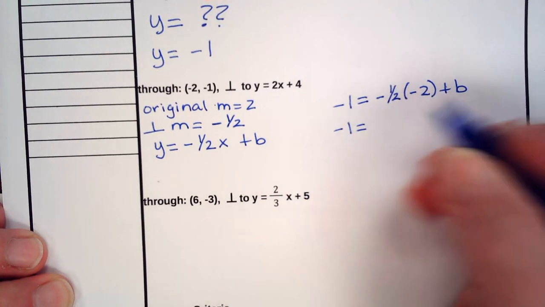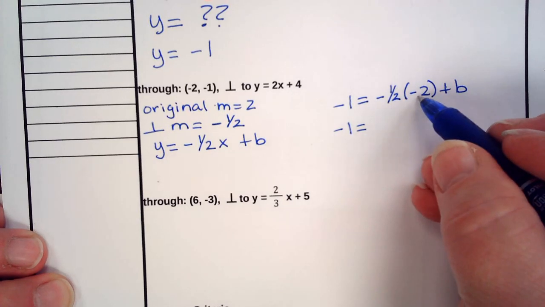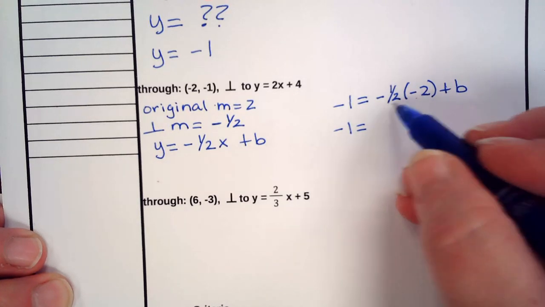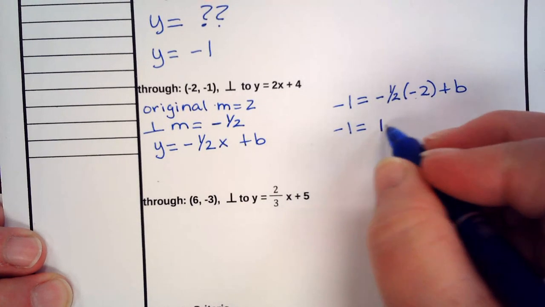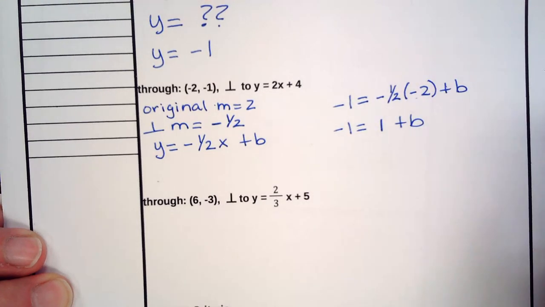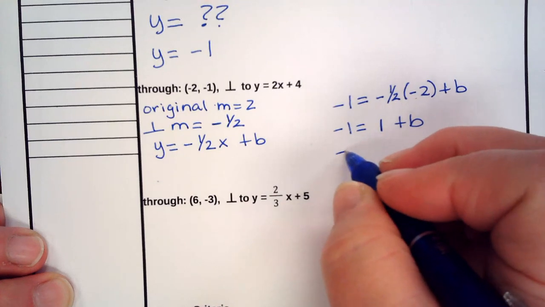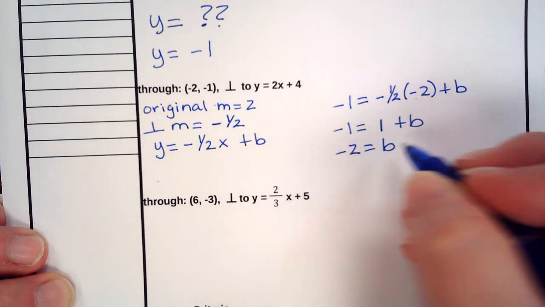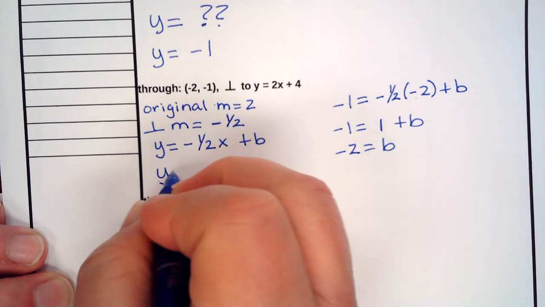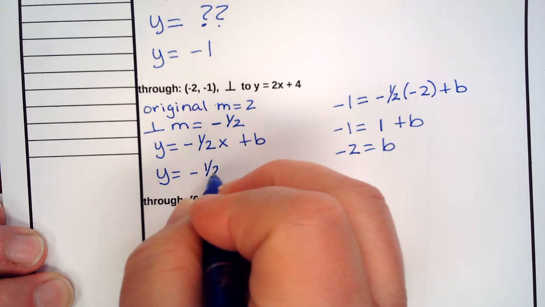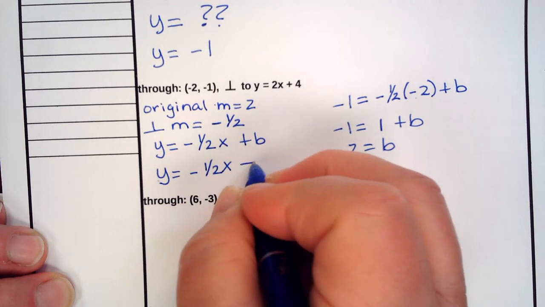Negative 1 is equal to negative times negative is a positive. 1/2 of x is 1 plus b. Subtract 1 from both sides. Negative 2 is equal to b. Y is equal to negative 1/2 x minus 2.